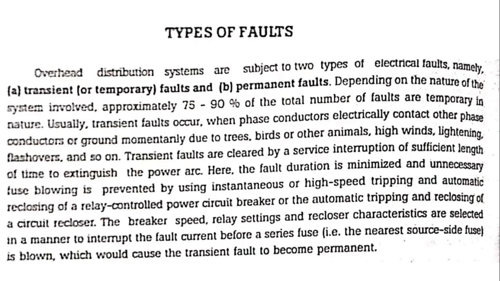Next, coming to the types of faults. How many types of faults occur in the distribution system? The first is the transient faults, and the next is the permanent faults. Basically, electrical overhead distribution system faults are transient faults and permanent faults.